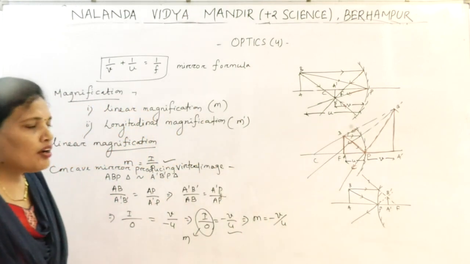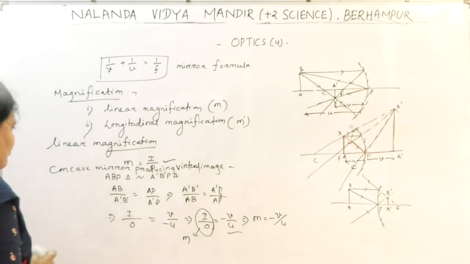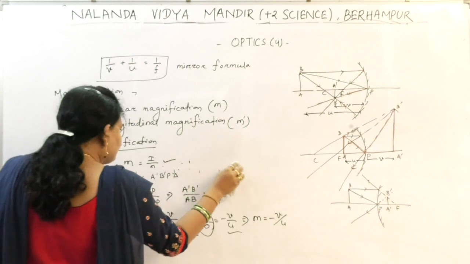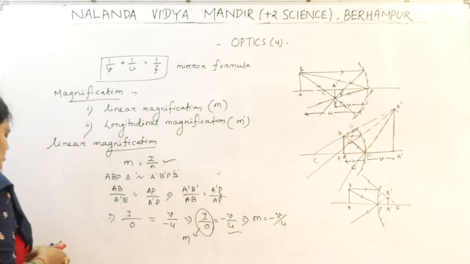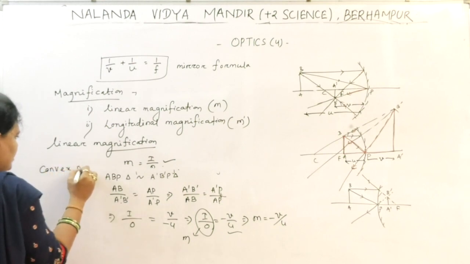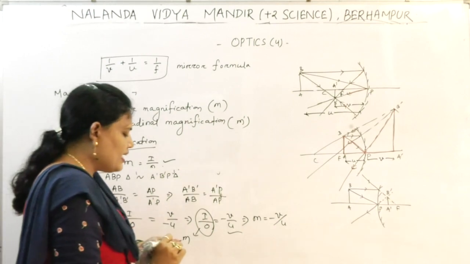For the convex mirror, as we know, a convex mirror always produces a virtual image. Let us see the ray diagram.